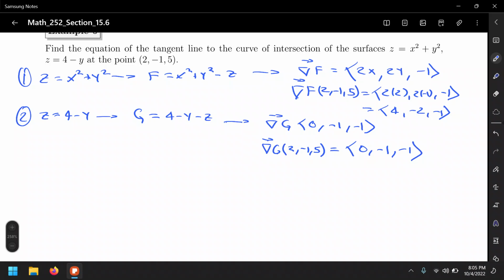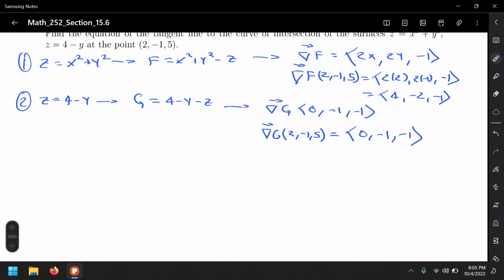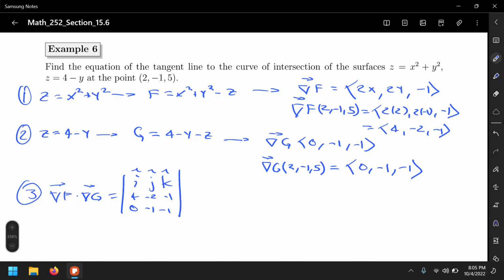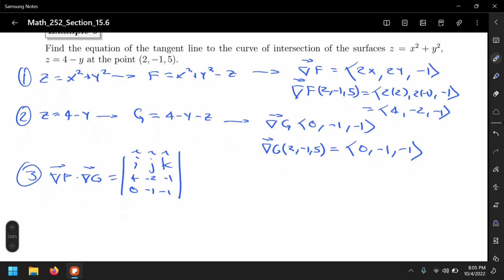So what are we going to do in this case? We need to do the cross product between the gradient of F and the gradient of G, that is i, j, and k, with (4, -2, -1) and (0, -1, -1).